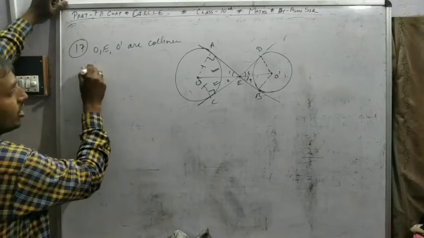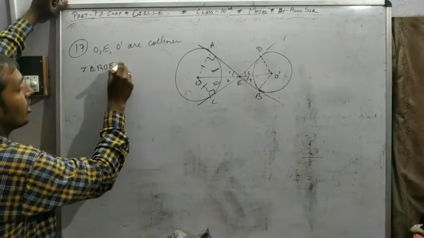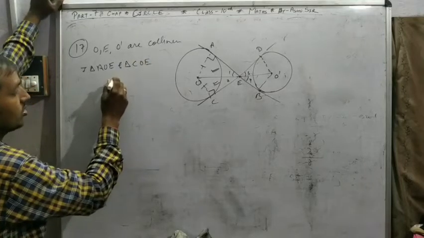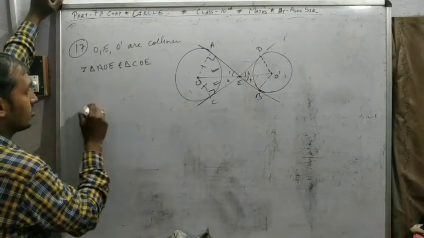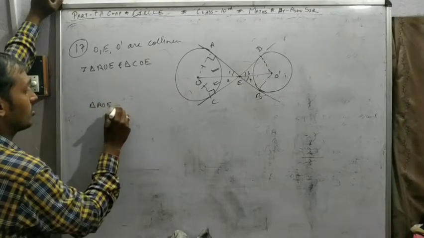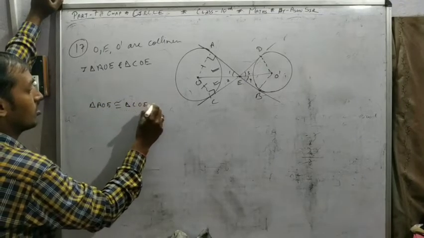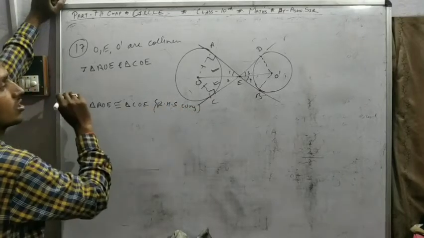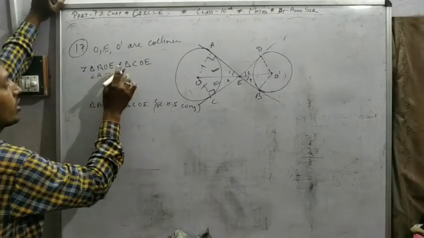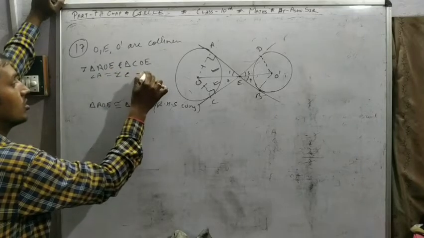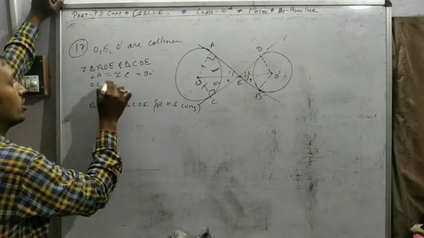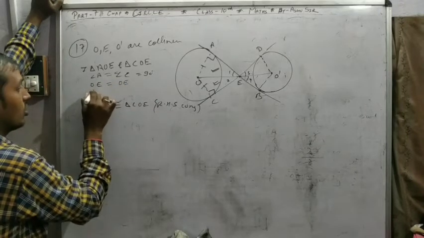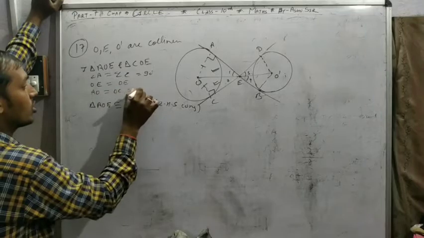Means in triangle AOE and triangle COE, by RHS congruency, angle A is equal to angle C, 90, OE equal to OE common, AO is equal to OC radius.